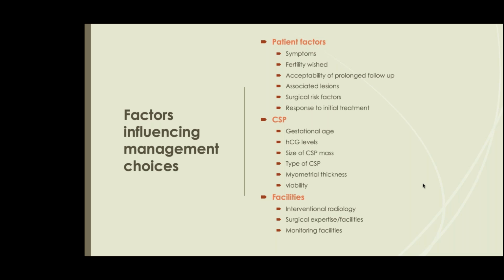But if it is exogenic, as we have seen in some patients, bulging through the serosa and into the bladder by the ultrasound scan, you would be anxious that this exogenic type of scar pregnancy can rupture at any time and cause significant bleeding.